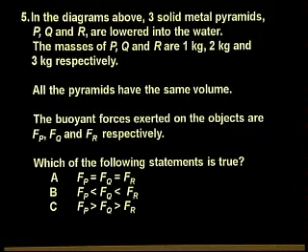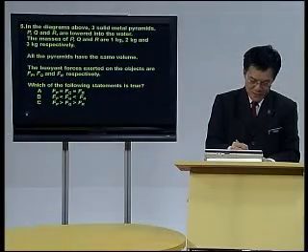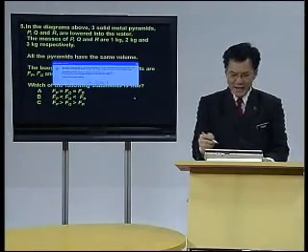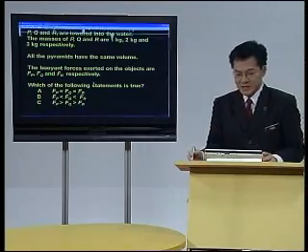So there is a buoyant force exerted on each of the pyramids, and we call them FP, FQ, and FR. So which of the following statements is true? Number 1, FP equals FQ equals FR. Number 2, FP smaller than FQ smaller than FR. Number 3, FP bigger than FQ bigger than FR. Okay. So let us now look at the question again and we answer it.